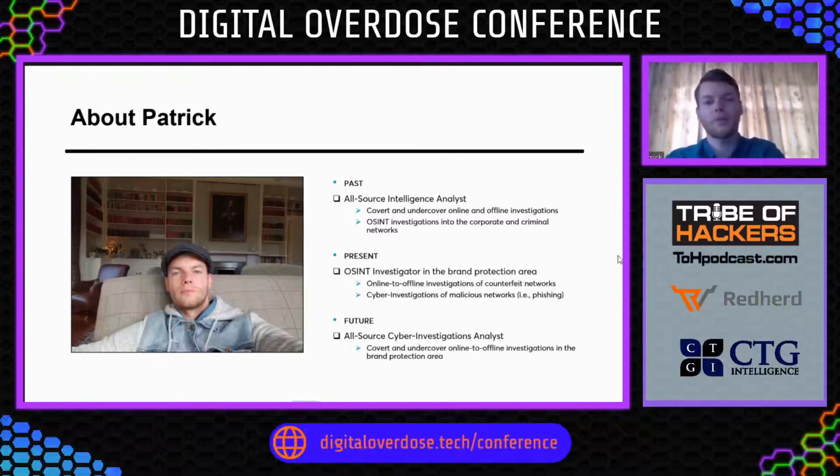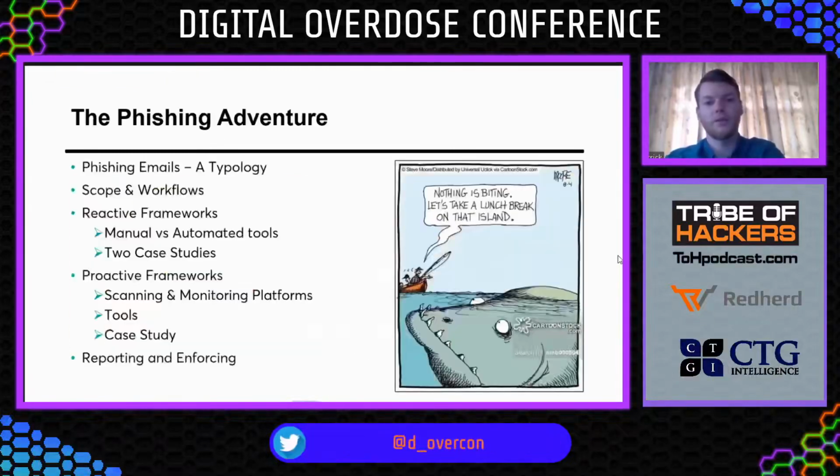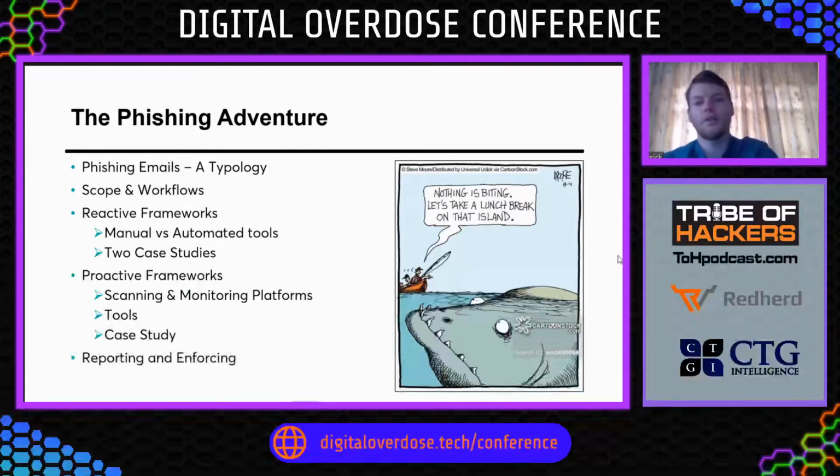So my presentation today will cover investigating phishing emails. I will present a typology of phishing emails. It's not a comprehensive one, only a short one, detailing some of the phishing attacks that I encountered in my investigations. Then I will define the scope.